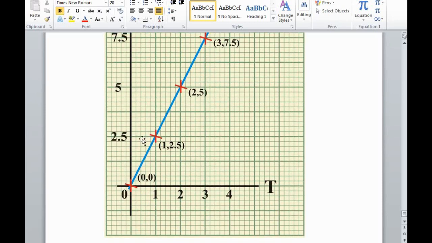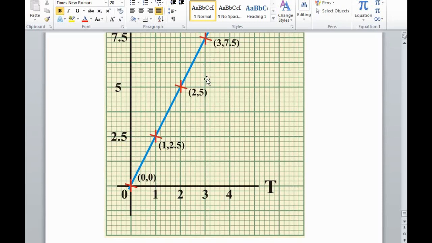So let's join these points. The first point of intersection we have at 0, 0, because when the temperature is 0, the pressure P is 0. So here is the second point of intersection for 1 and 2.5, and for 2 and 5 here we have the third point of intersection.